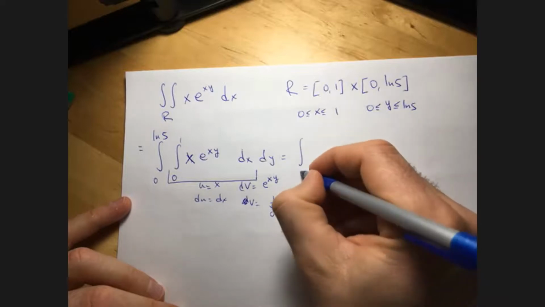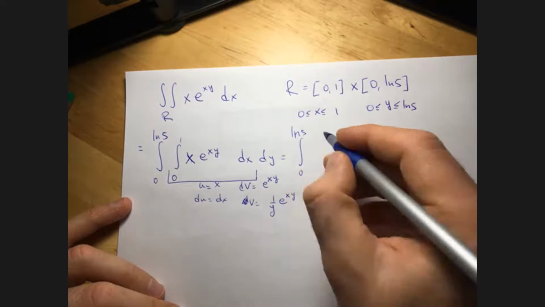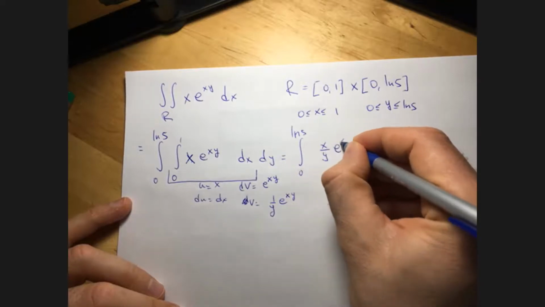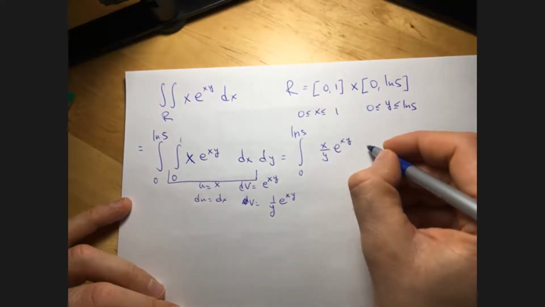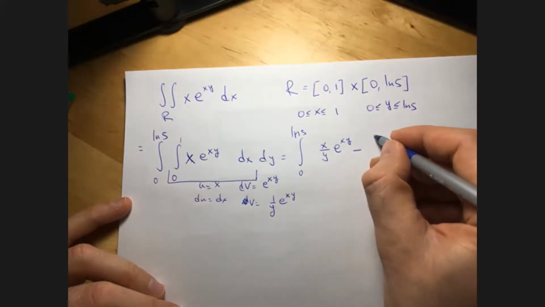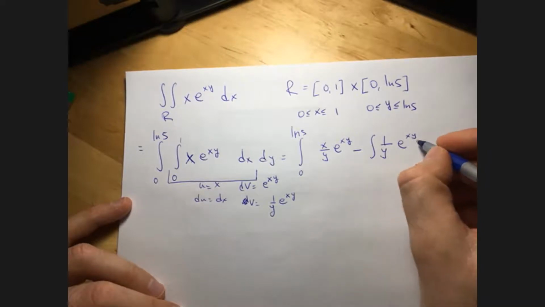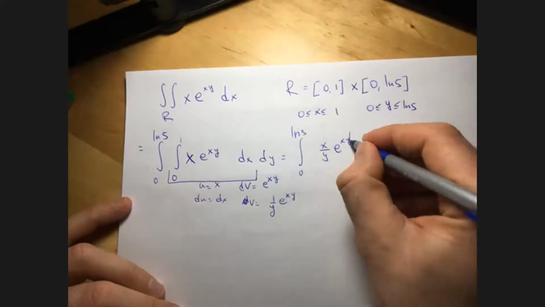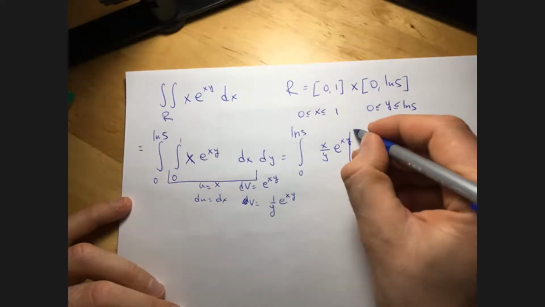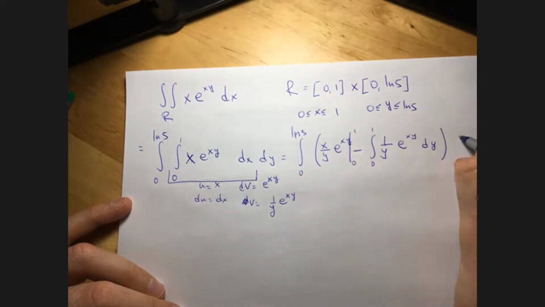So this is going to be the integral from 0 to ln of 5 of x over y e to the power xy, minus the integral of 1 over y e to the power xy dy. So this is going to be evaluated from 0 to 1 in terms of x, and then the whole thing dy.